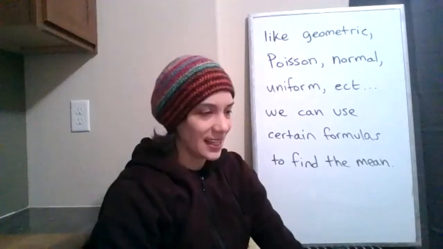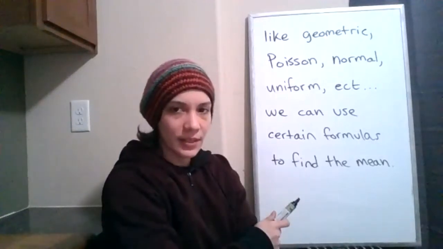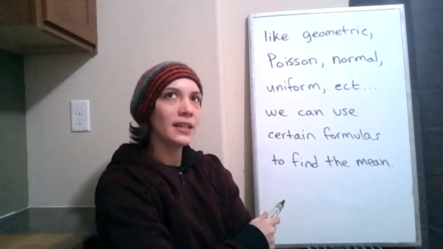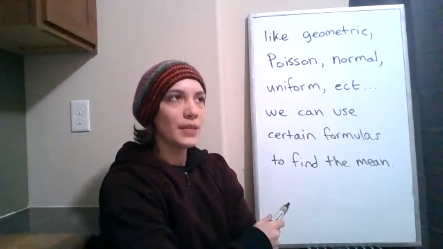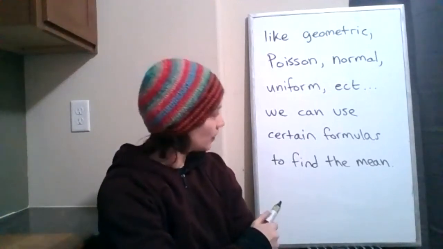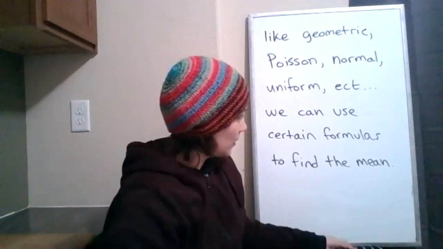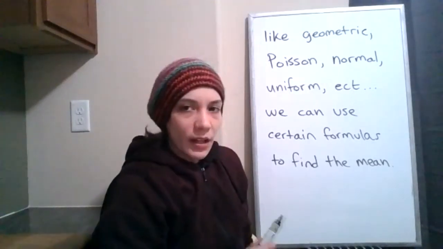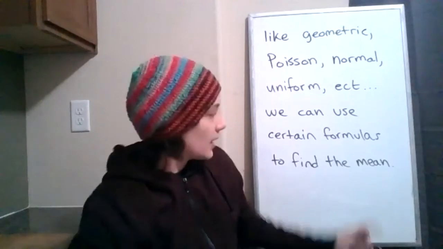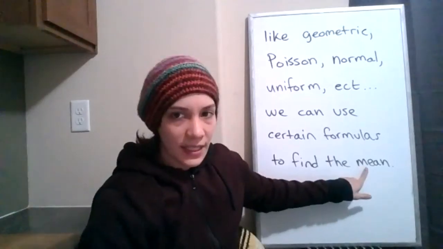Okay, and before I leave this, let me think about finding the mean of a graph. I think all I want to say about that is the mean is a measure of center.